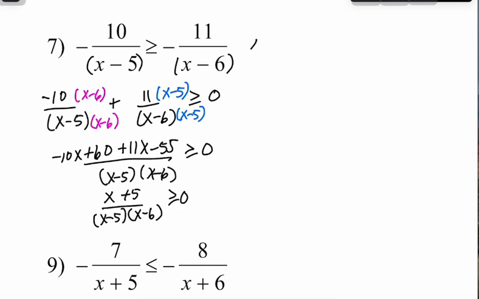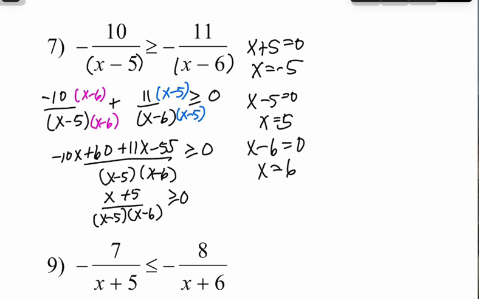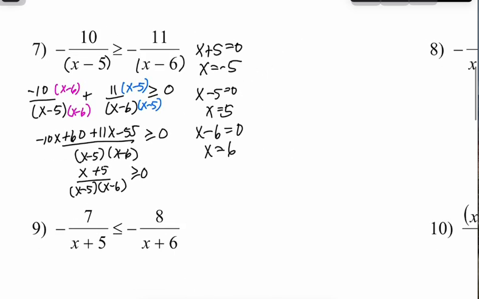What are our zeros? The top zero is negative 5. We color it in because it's related to the symbol. The bottom zeros are positive 5 and positive 6. Those have to be open circles. Everything that comes from our denominator is an open circle. So now let's go ahead and put those in number line order, negative 5, 5, and 6.